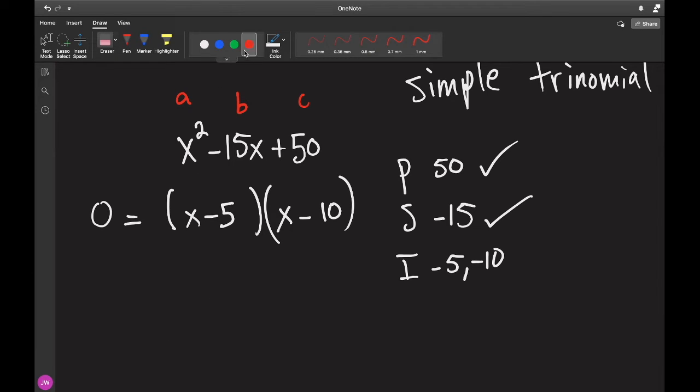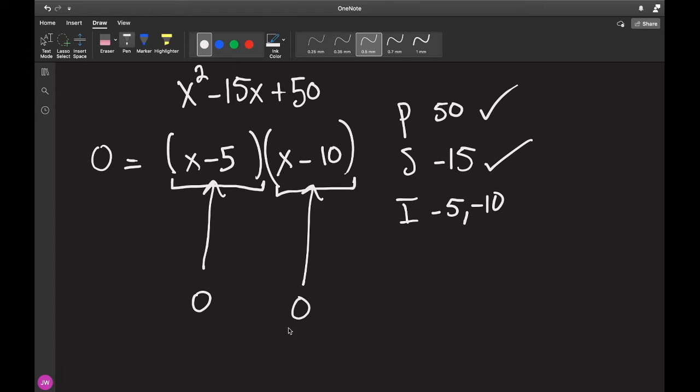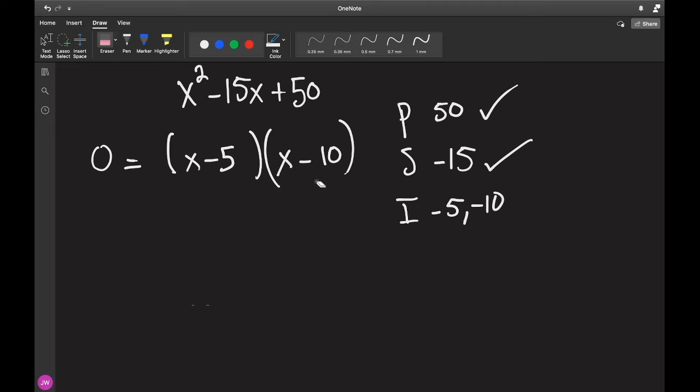So you have to set the equation equal to 0, and then for this equation to be true, either this factor here, the x minus 5, has to be 0, or this factor here has to be 0 in order to make this equation true. So what you can do is set each individual factor equal to 0 and then solve.